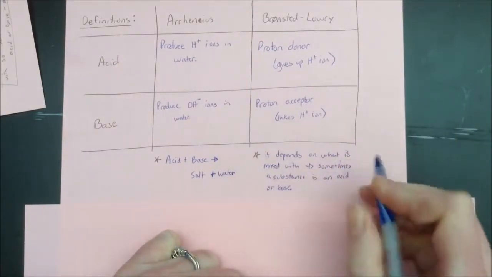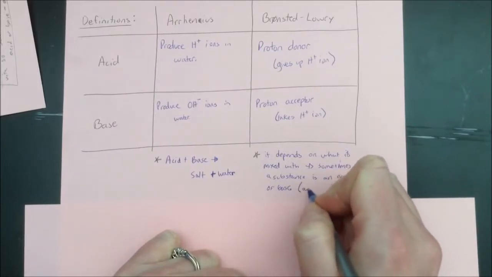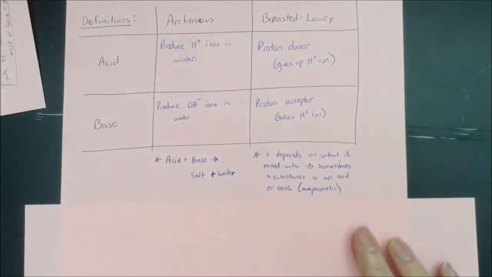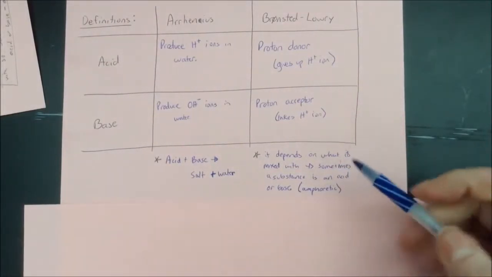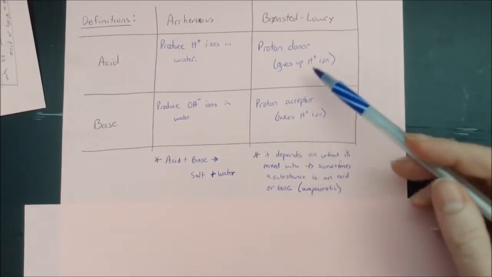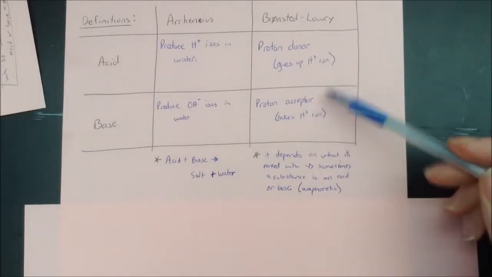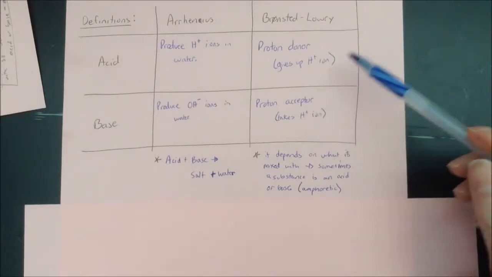The same substance could be one or the other, and the term for that is amphoteric. When it can be either an acid or a base, depending on the situation, it's called amphoteric. Water is a good example of an amphoteric substance. Sometimes water is accepting the proton, and sometimes it's donating the proton. So sometimes it's the base, and sometimes it's the acid.